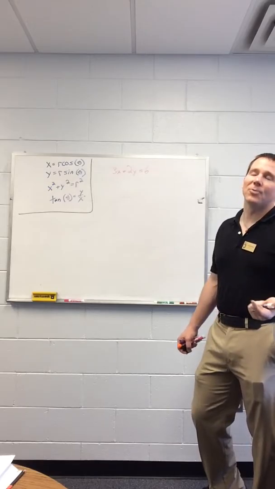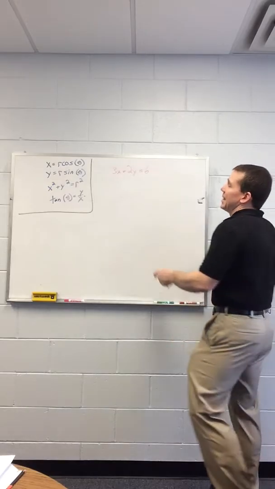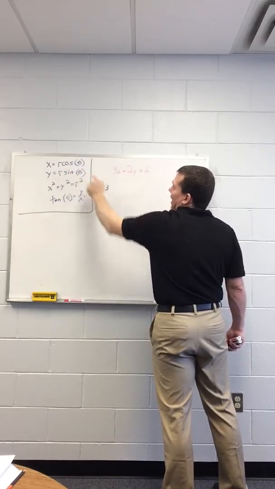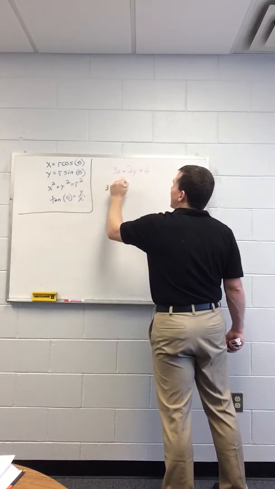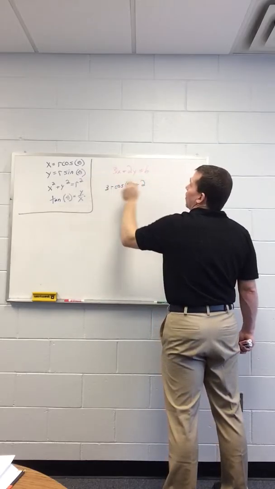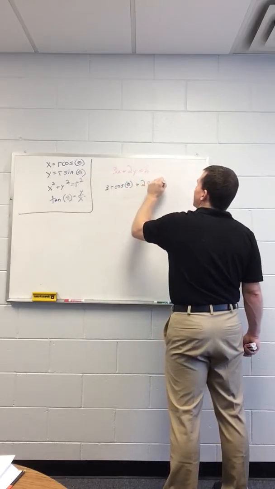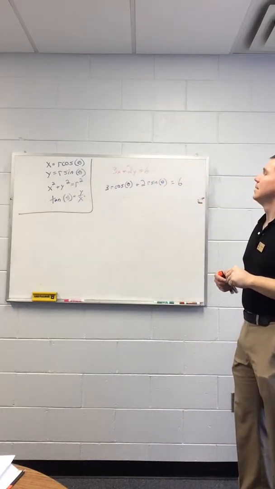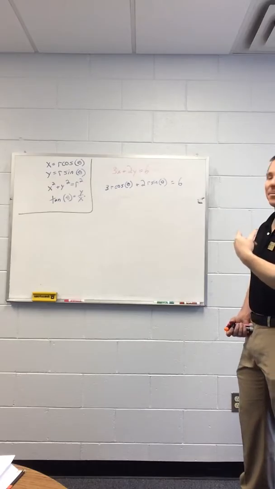Ultimately, the most simple direct substitution is best. And in this case, just substitute. We have 3x. X by definition is r cosine theta. So just substitute plus 2y. Y is r sine theta equals 6. And now I actually have a polar equation.